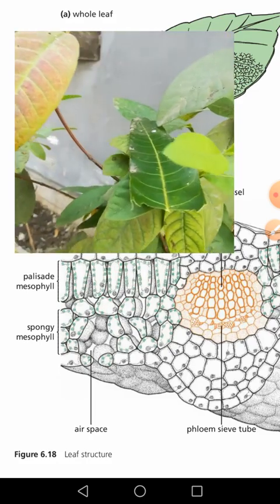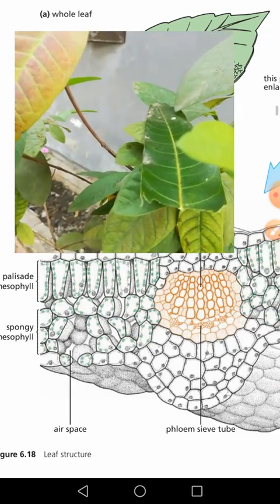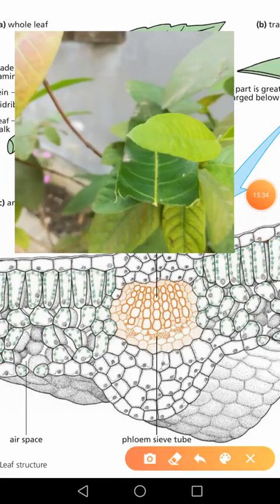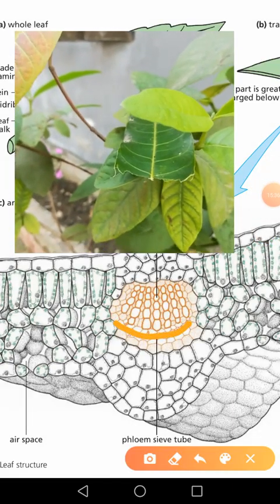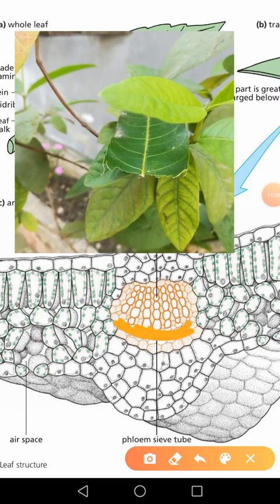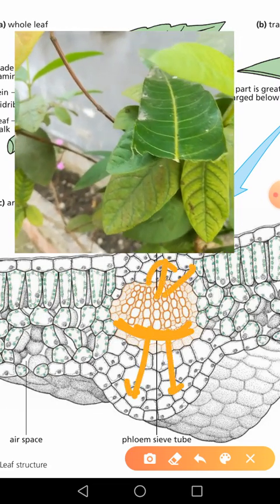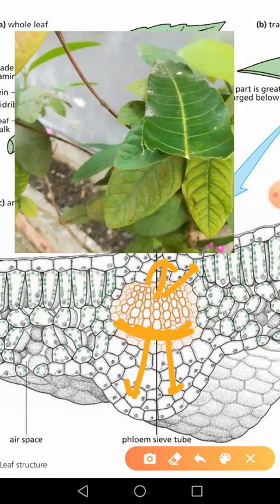And the position of xylem and phloem within the leaf is such that phloem is nearer to the bottom surface, and xylem is nearer to the top surface.